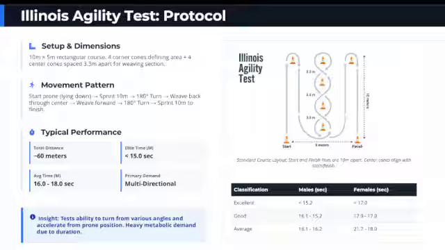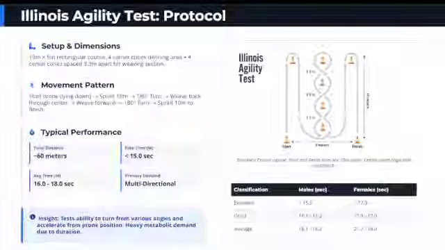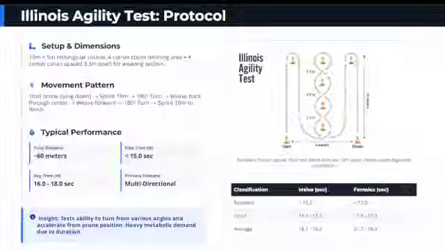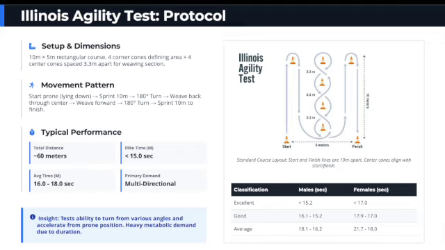The total distance is around 60 meters. The average time is 16 to 18 seconds, and for elite athletes it is less than 15 seconds. The primary demand is multi-directional: it tests the ability to turn from various angles and accelerate from a prone position, with a heavy metabolic demand due to duration.